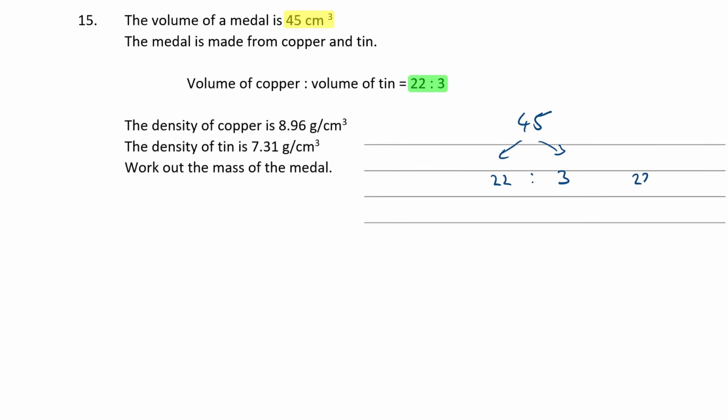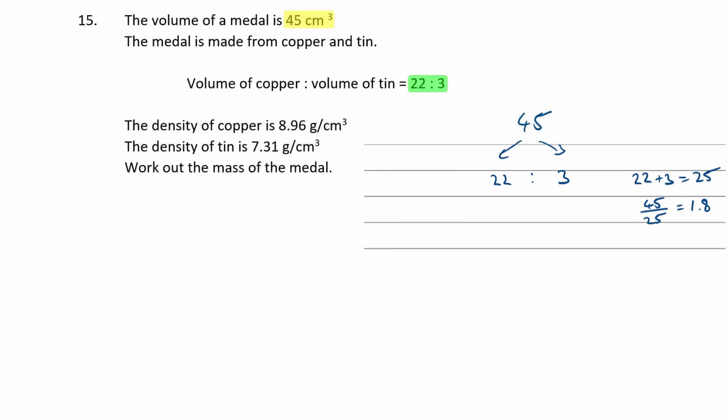So taking my 22 parts and my 3 parts and adding it together, I'm going to get 25 parts. Dividing my 25 parts into my total volume, that is going to be 45 over 25. What's that then? 45 divided by 25 is 9/5 or 1.8.